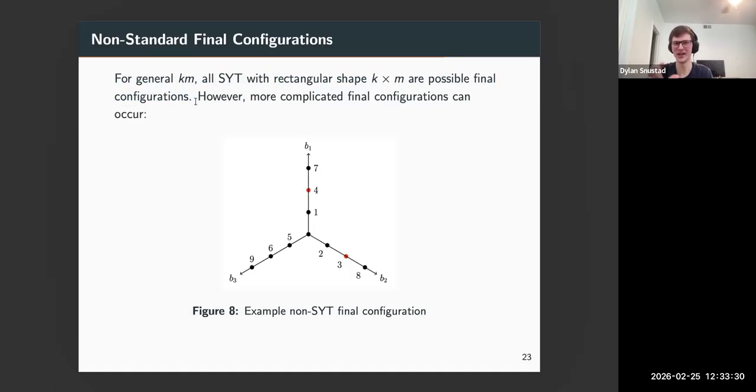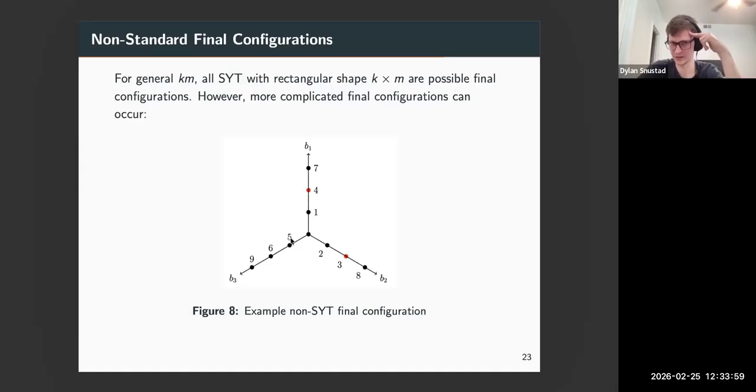However, more complicated configurations can occur. Here I've put a picture of one of these for the 3-3 case, so K is 3 and M is 3. If this was going to be represented as an SYT, depending on how you want to look at it, I have my rows increasing or my columns increasing. 1, 4, 7, 2, 3, 8, 5, 6, 9 is fine. 1, 2, 5 is fine.